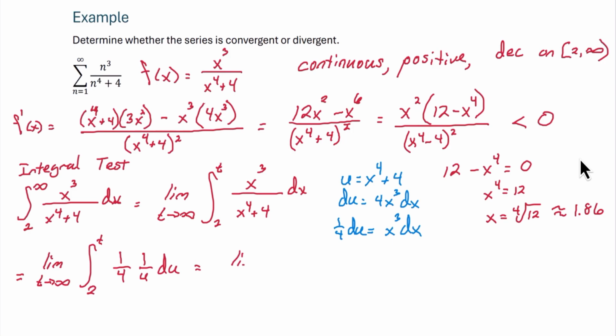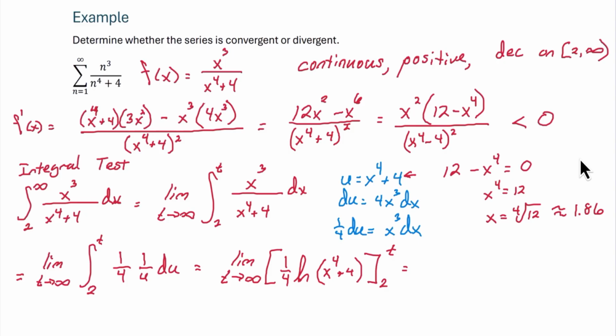Continuing with this, we have limit as t approaches infinity. Let's now evaluate that integral. We'll have the constant 1/4 out front. Integral of 1 over u is the natural log. So we have the ln of u, but I'm going to go ahead and replace u with the value we have for u, x to the fourth plus 4. And we want to evaluate this from 2 to t.